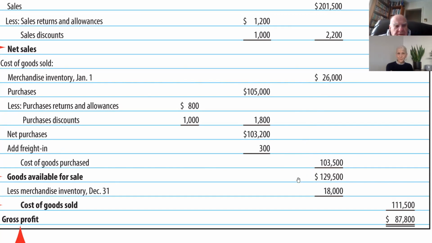129,500. The month end comes, we go out and we physically count the inventory. We actually count it, and we've got $18,000 we have not sold. Therefore, we're assuming that 129 minus 18 will give us the amount we did sell at cost. At cost. And there's your gross profit. A little confused at this, Lori, here?